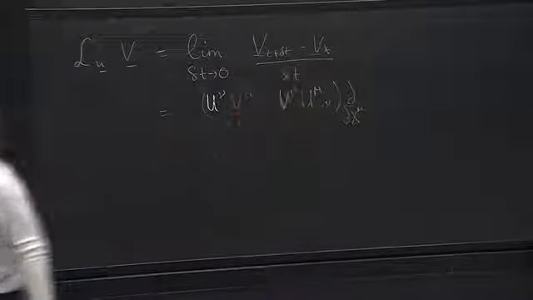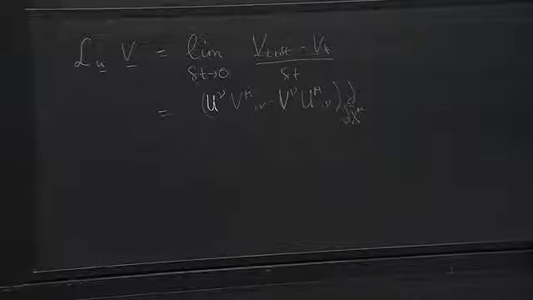So when I subtract these two pieces, I find that what I get is right there in the middle at the bottom of the first board. So I've got the same expression in terms of derivatives. You start off with the derivative of v along u, you subtract the derivative of u along v, and so this is just our Lie bracket.